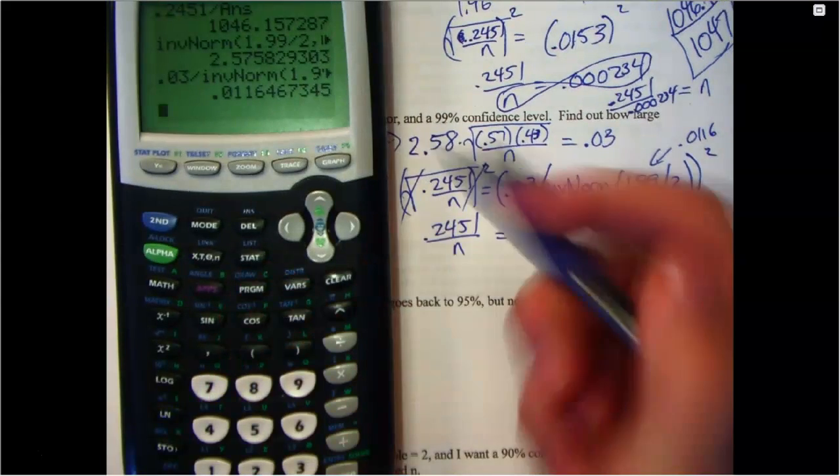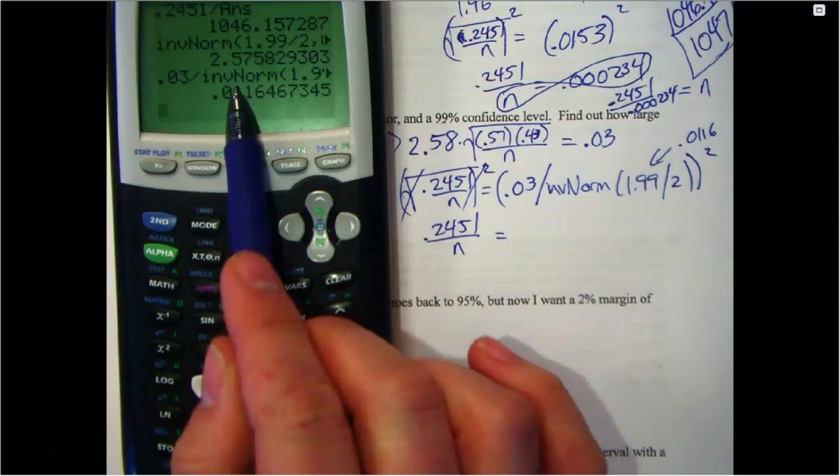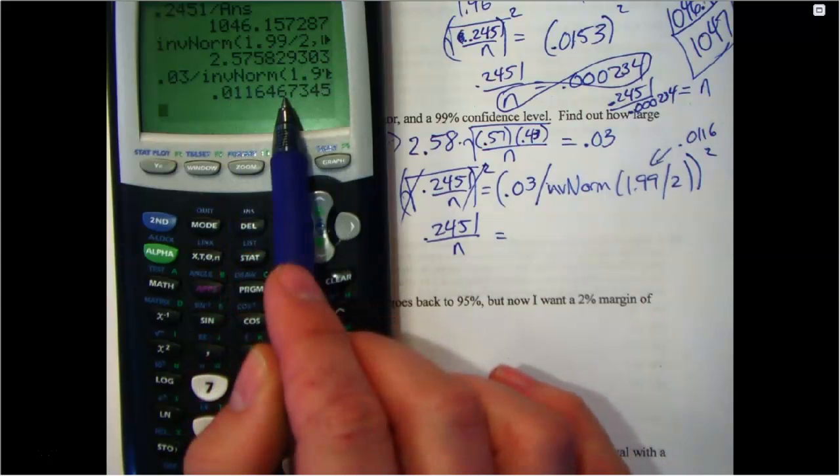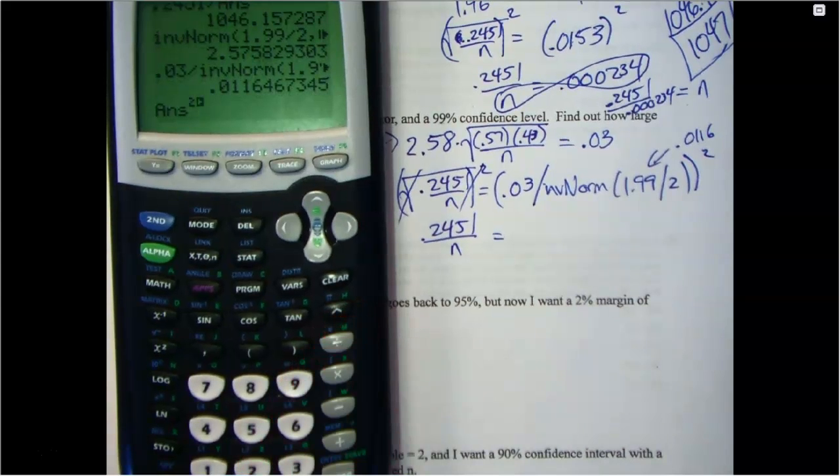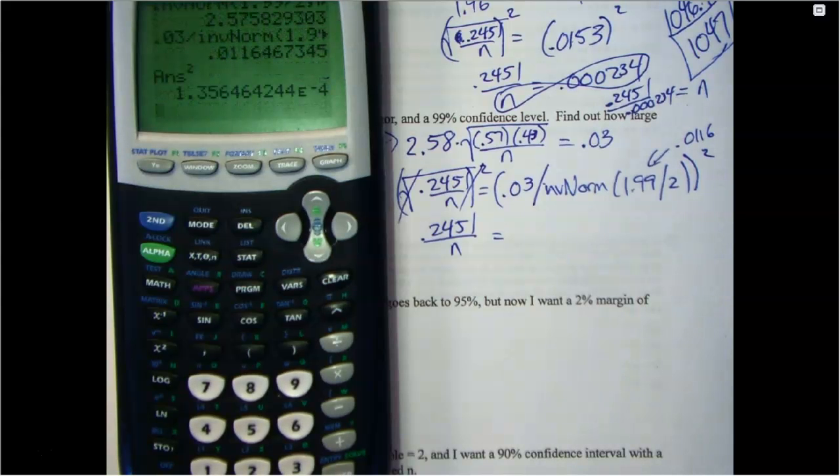So what I'm doing in here is 0.03 divided by inverse norm of 1.99 divided by 2, and I'm just going to hit second answer. It takes that previous answer, not rounded at all, leaves everything as precise as it can be, and squares it.